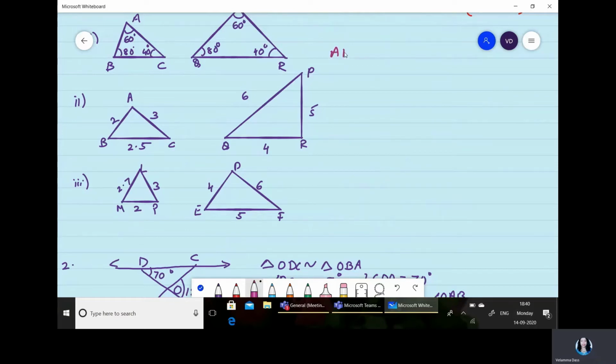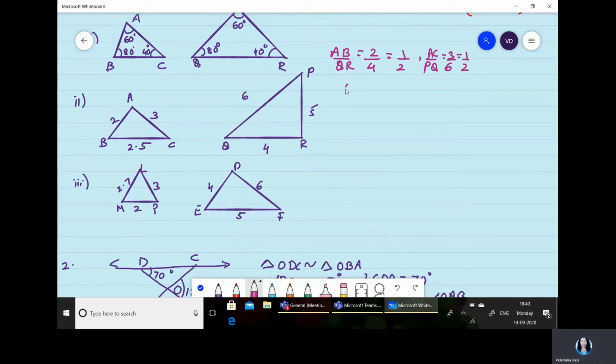So when I compare the ratios, you have to first observe which two sides are proportional. AB upon QR, we get 2 upon 4, that is half. Similarly, AC upon PQ is 3 upon 6, again half.